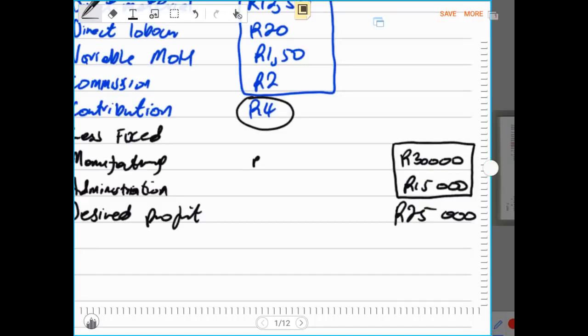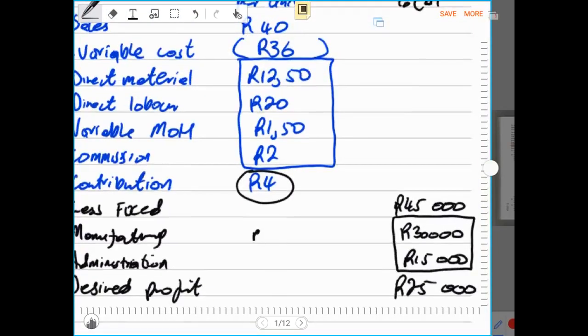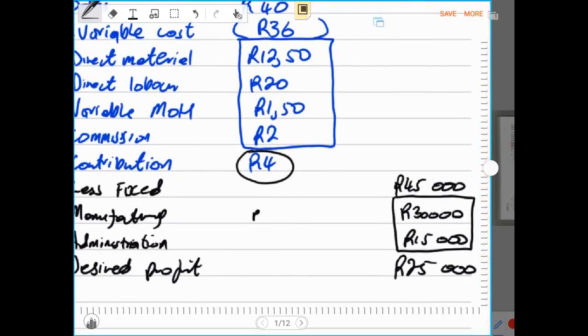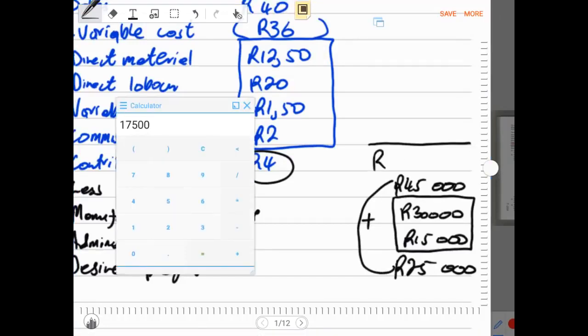So now calculating things backwards, we'll have to say total of our fixed cost. First, it is 45,000 rands. Then now from here we say, in order for us to get to the contribution, we say required or desired profit plus our fixed cost, and this will give us the total contribution margin.